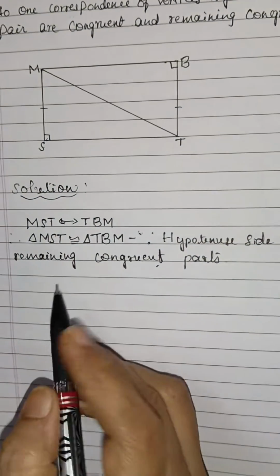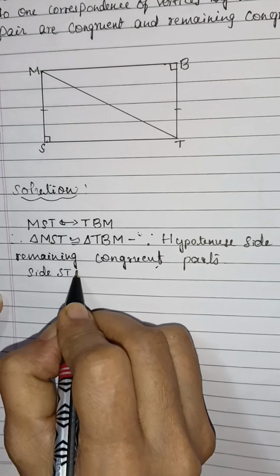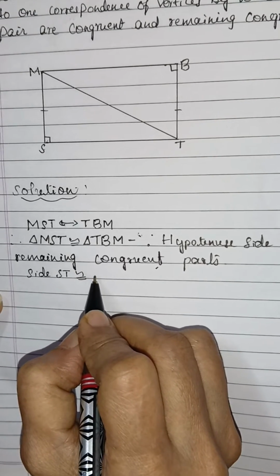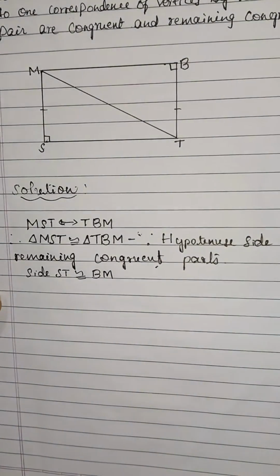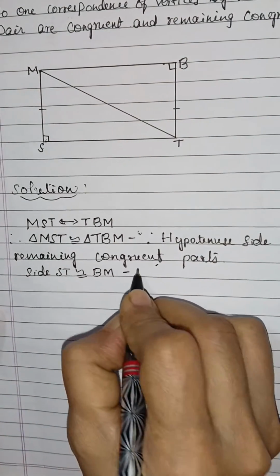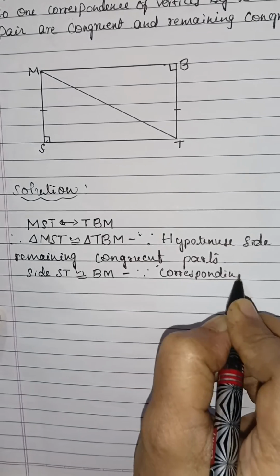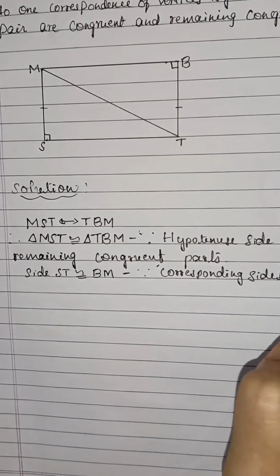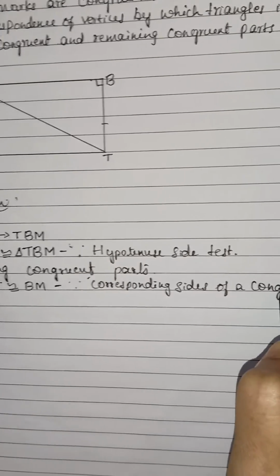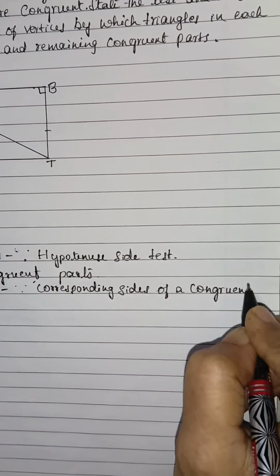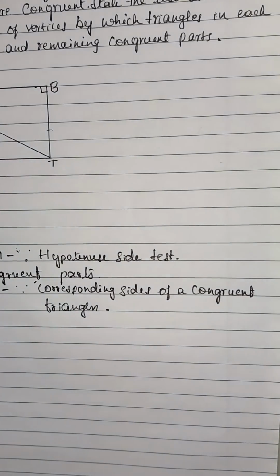We'll write here, side ST is congruent to side BM, because corresponding sides of congruent triangles.